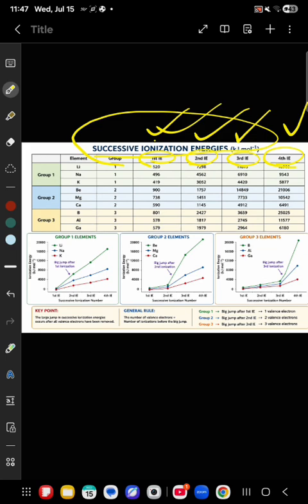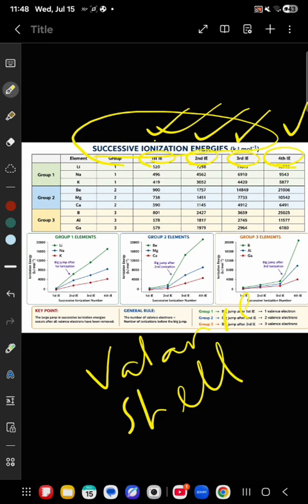So if your examiner is giving you data about the successive ionization energy, how can you predict how many electrons an atom has in the valence shell? You can tell the valence shell electrons of any atom by just looking at the table of their successive ionization energy.